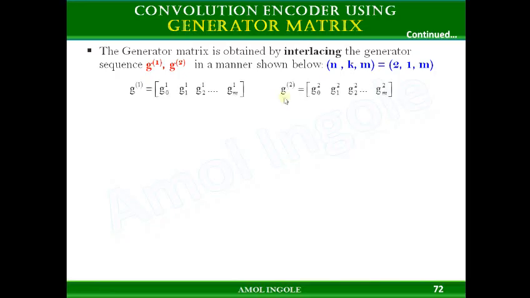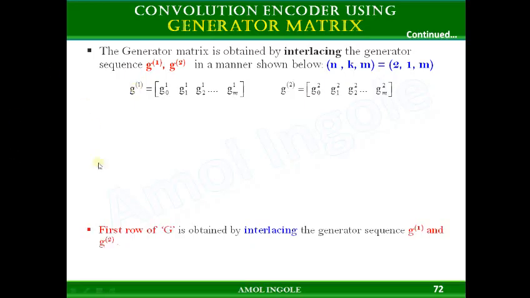The generator sequences can be written in this way, where this is generator sequence G1 and it will have m plus 1 number of bits as the length of the generator sequence. This is G2, which will again have the same number of bits as G1.